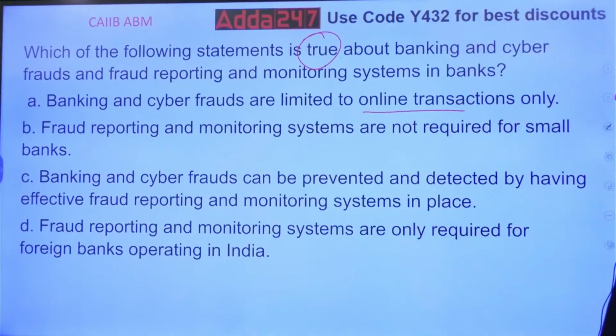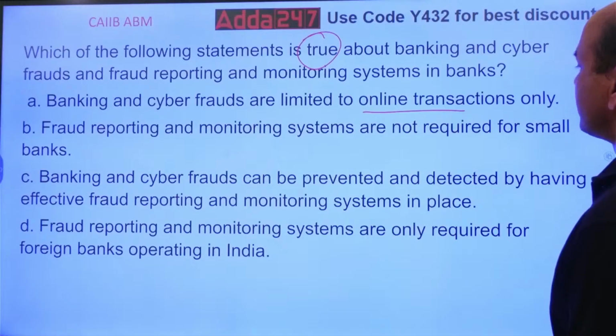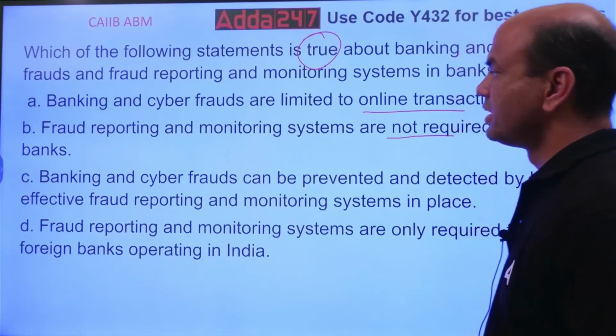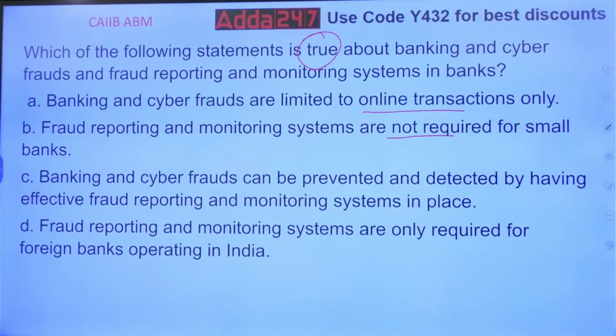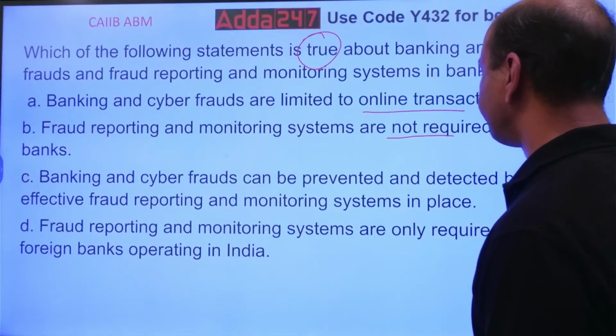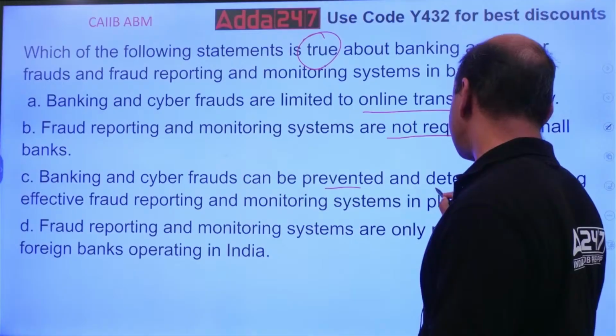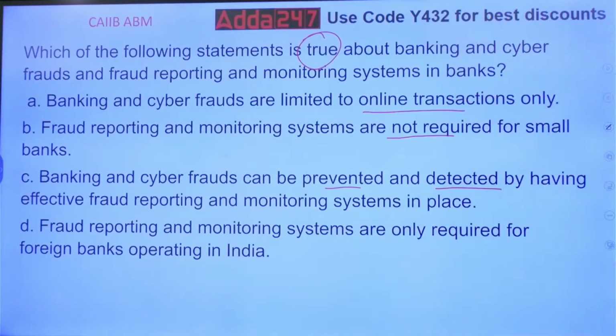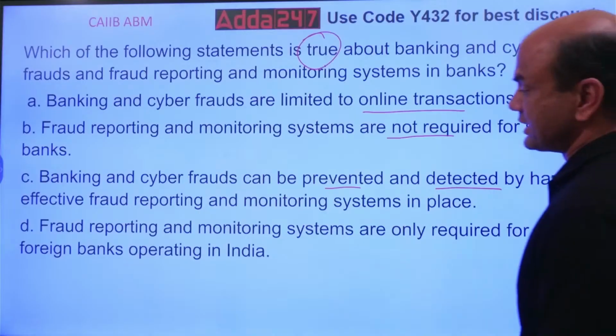Fraud reporting and monitoring systems are not required for small banks. Banking and cyber frauds can be prevented and detected by having effective fraud reporting and monitoring systems in place. Prevented and detected. Okay? Fraud reporting and monitoring systems are only required for foreign banks operating in India.